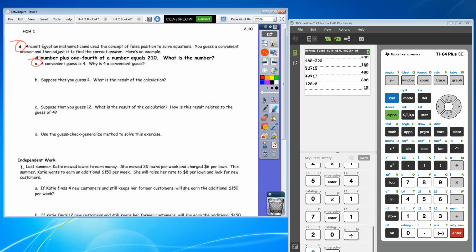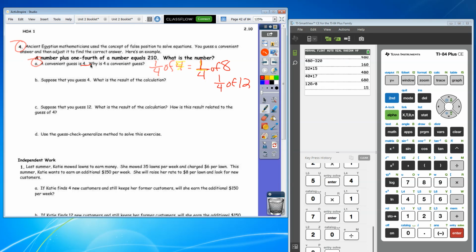So 4 is a convenient guess because 1/4 of 4 is 1. When the number is a multiple of 4, like 8 or 12, then 1/4 of it is convenient.